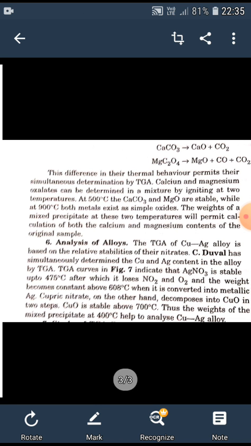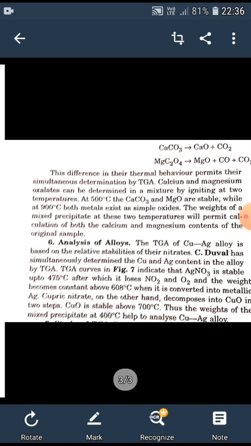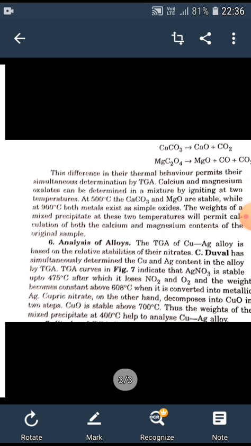The next application of thermogravimetric analysis is in the kinetic studies. Thermogravimetric analysis can be used to study kinetics of a chemical reaction and to determine basic kinetic constants such as the rate constant, activation energy, order of reaction, and frequency factor.